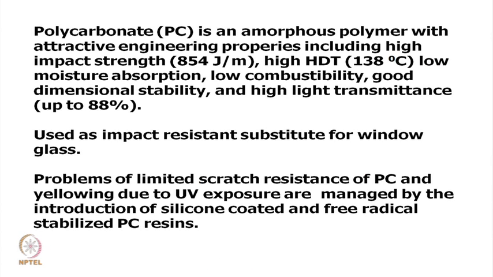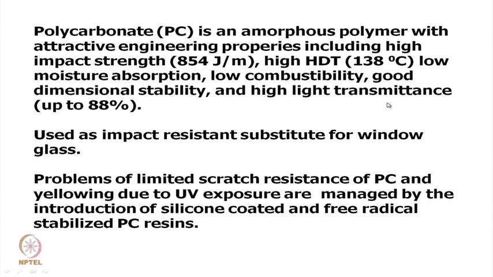Now, this polycarbonate is an amorphous polymer having very attractive engineering properties, including high impact strength, high heat deflection temperature, low moisture absorption, low combustibility, good dimensional stability and high light transmittance.